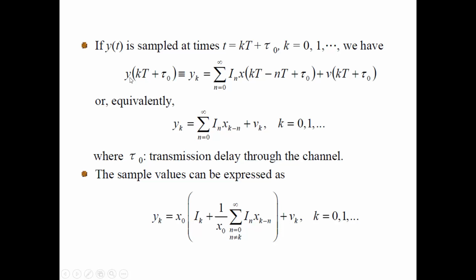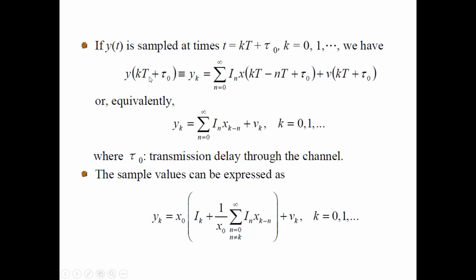So y(t) will be sampled at these times kT, where k will determine the timing instants, the sampling instant, and n will represent the particular sample. Now once it is put in the discrete form, we can represent it by y_k, because we are only putting the small t value here.